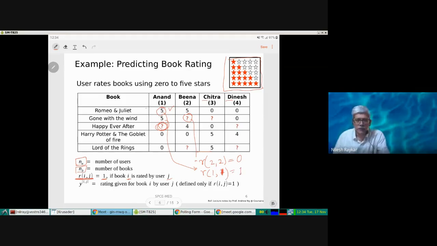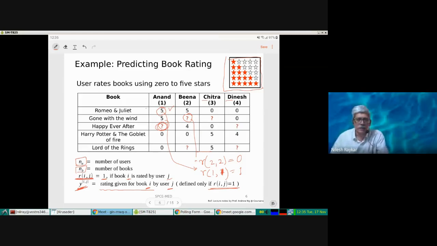This will help us to formulate our model clearly, so this R parameter is introduced. And Y is our label, which is the rating given by the user. This will exist only if Rij equals 1. That means if a rating is given for that particular book, then the rating given for book I by user J is defined by the parameter Y. So Y represents the label which we want to predict.